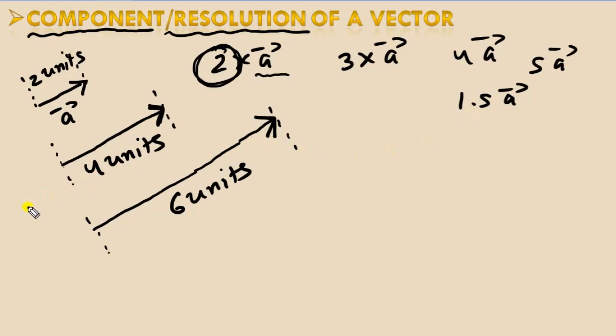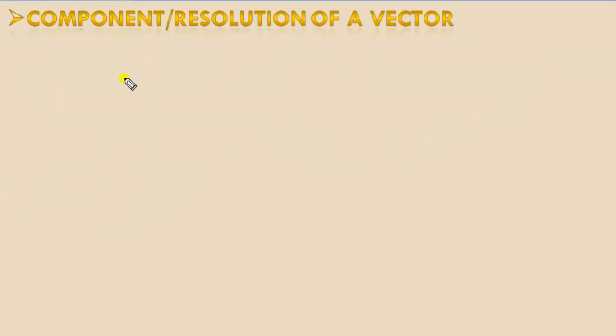Now, what happens if we multiply a vector with a negative number? Let's say there is a vector, vector A again. Can you tell me what is minus vector A? Minus vector A means we are multiplying vector A with minus 1.